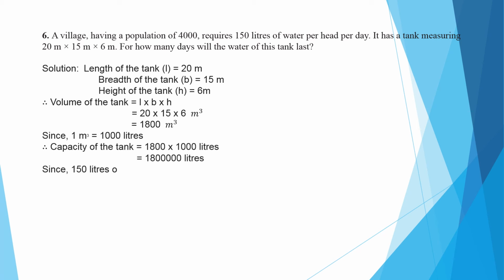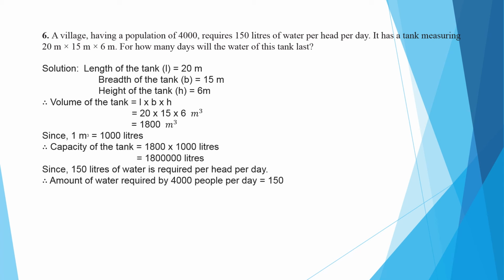Now since 150 liter of water is consumed per day per person, the amount of water required by 4000 people will be 150 multiplied by 4000 liter. Now let the required number of days be x.